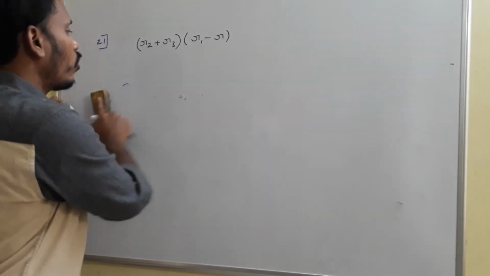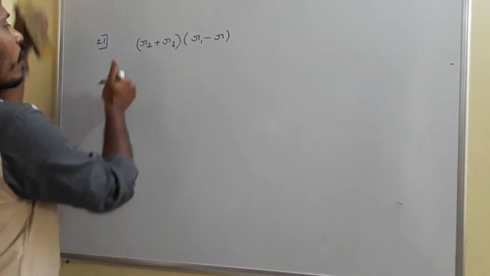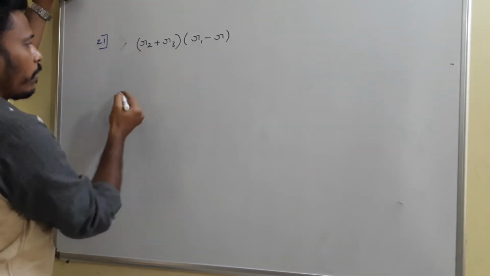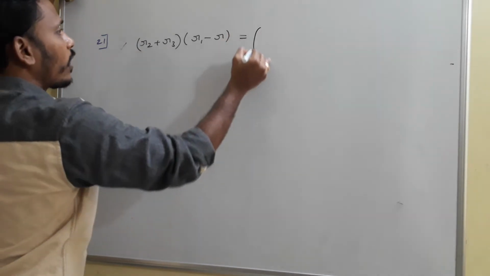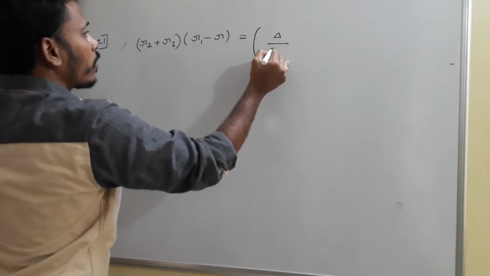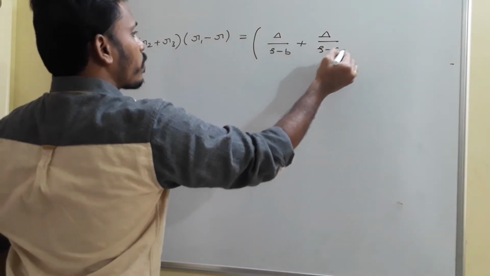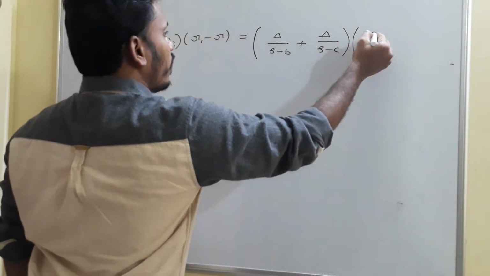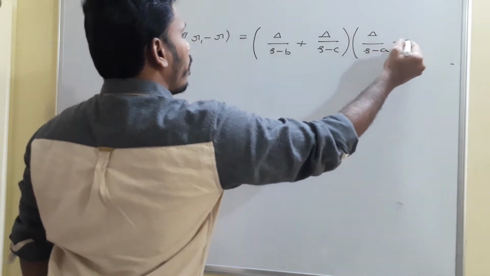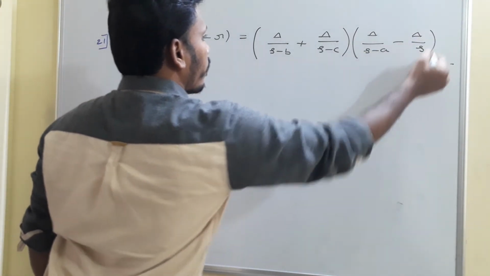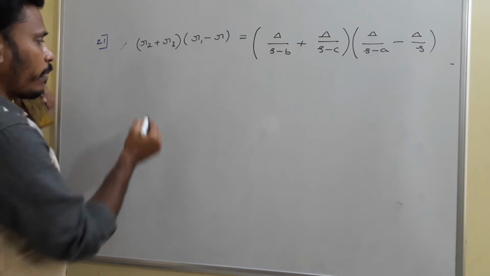So R2 plus R3 into R1 minus R needs some simplification. R2 as per the formula is delta by S minus B, and R3 is delta by S minus C, into delta by S minus A minus delta by S, and we need to simplify both brackets separately.